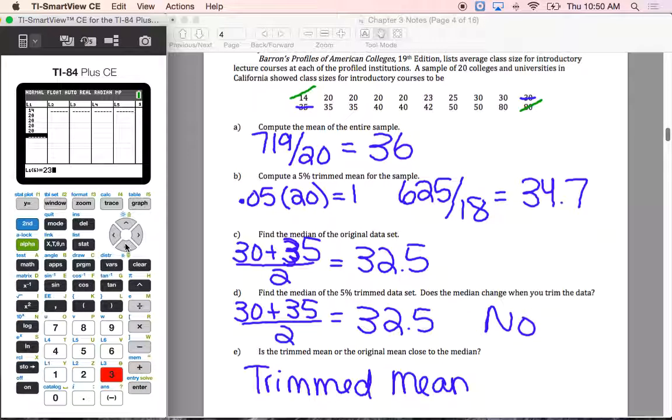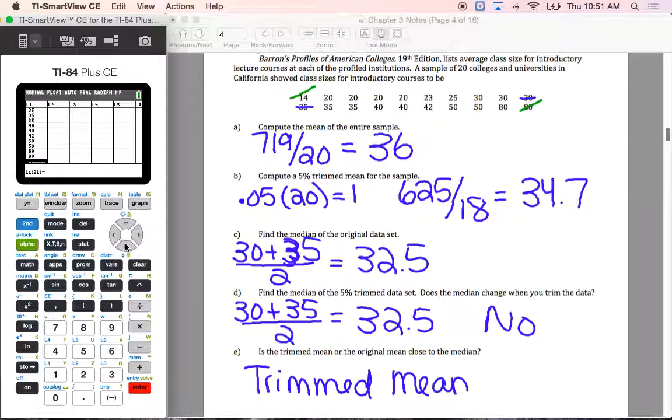I've got 23, 25, 30, 30, 30, 35, 35, 35, 40, 40, 42, 50, 50, 80, 80. Again, if I typed everything in right and you typed in everything right, we have our list of numbers right there.